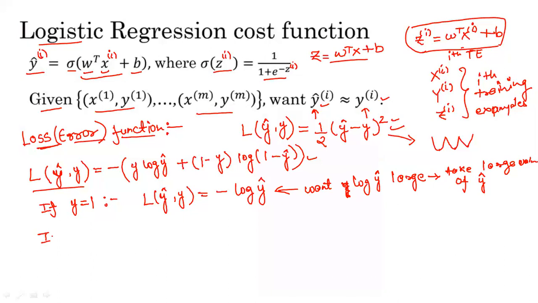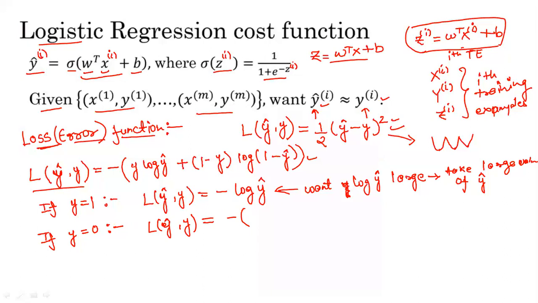And now what will we do if we have the value of y equal to 0? You can again pause the video for 5-6 seconds and think about what we need to do in order to minimize this equation if we have y equal to 0. If we have y equal to 0, then this equation will become L of y hat comma y equal to minus sign as it is.